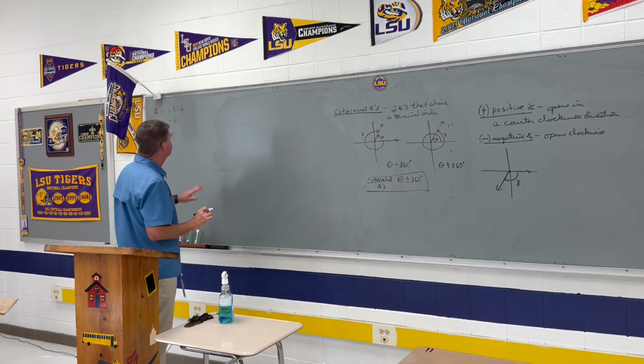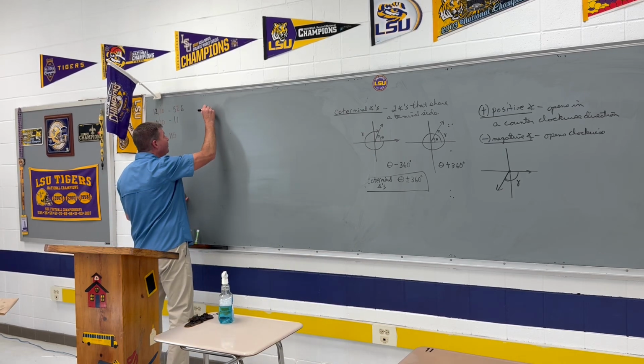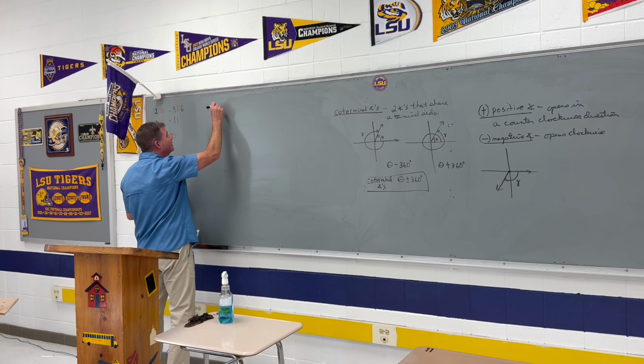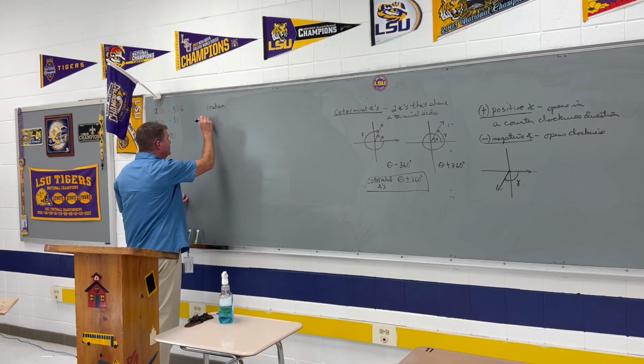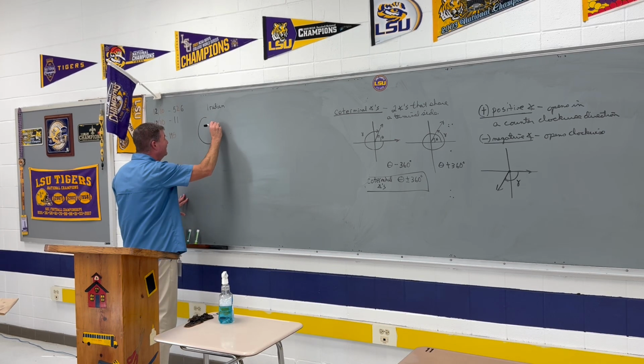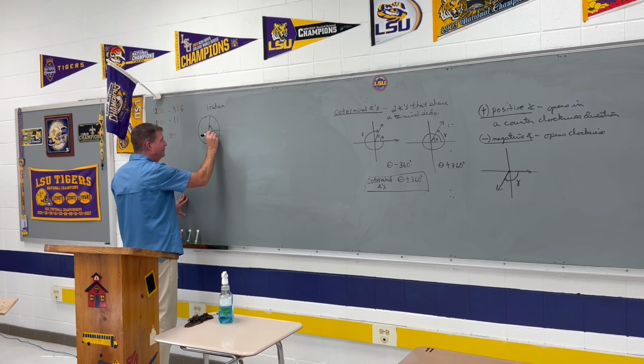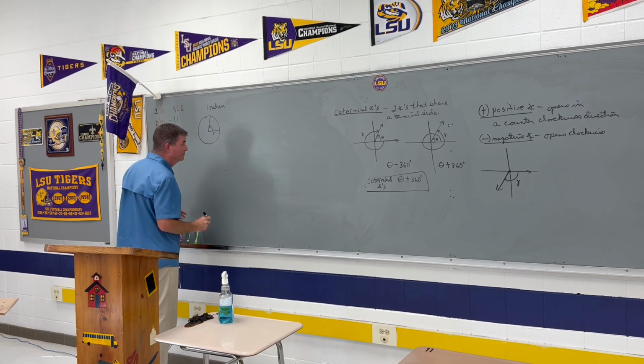So what exactly is a radian? 1 radian is when we have a central angle where we have our radii, or radius.